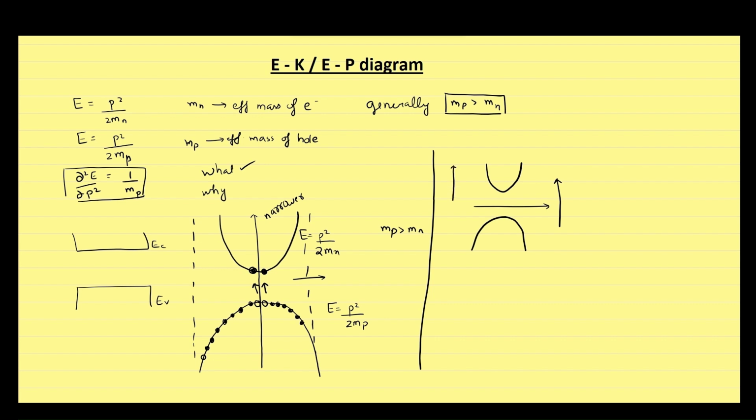We set the reference of energy somewhere in between the conduction and valence band, so that one energy band will have positive values and other will have negative values, which will eventually result in two parabolas whose vertices are facing to each other. If you see any diagram like this, then you can tell that effective mass of electron is smaller than effective mass of hole.